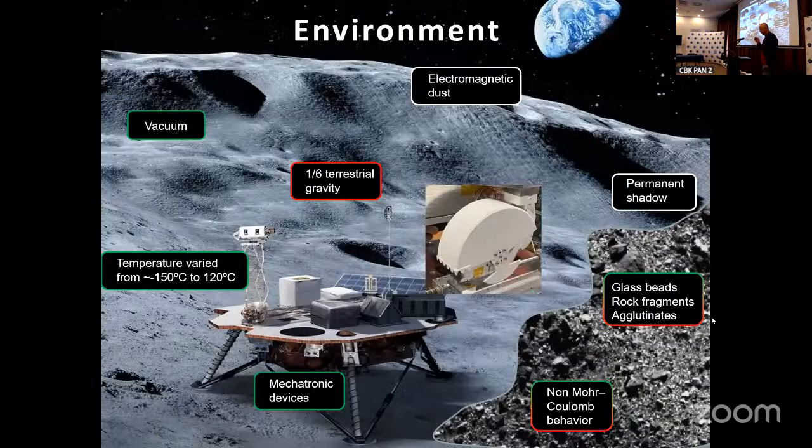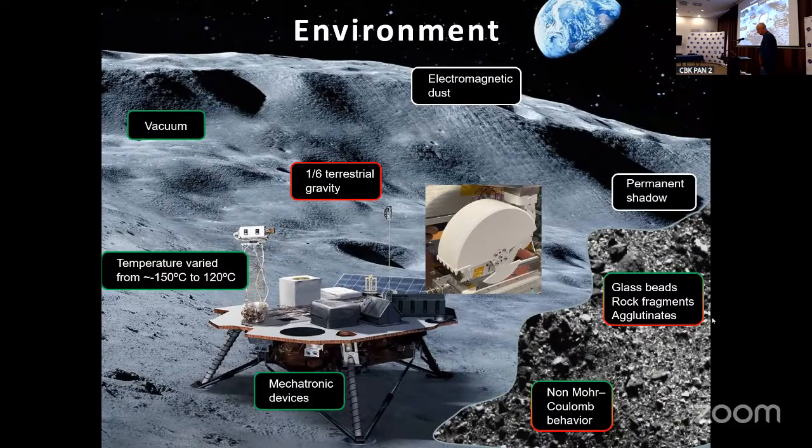As usual, we start the discussion about the outcomes of the project having in mind the environment. In that particular case, the environment is a lunar environment. On this picture, you see some information about that environment.